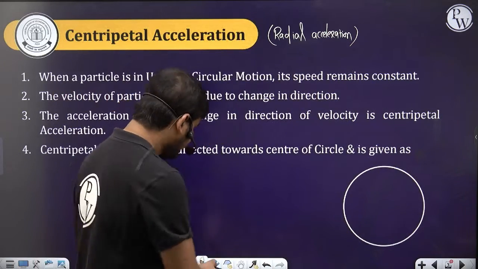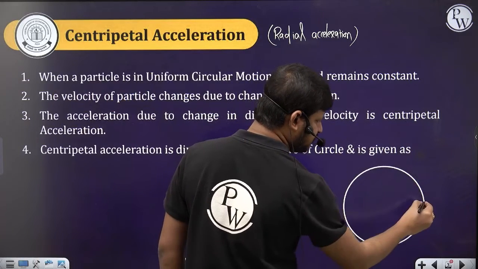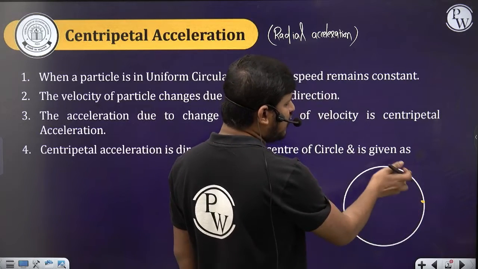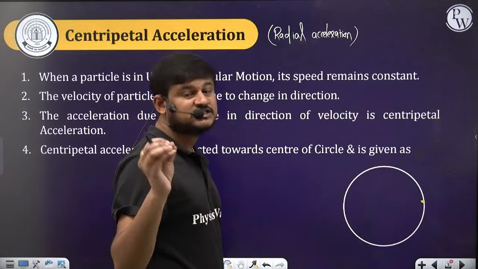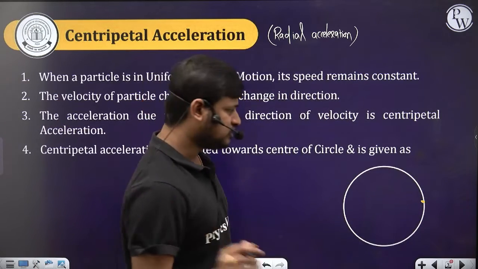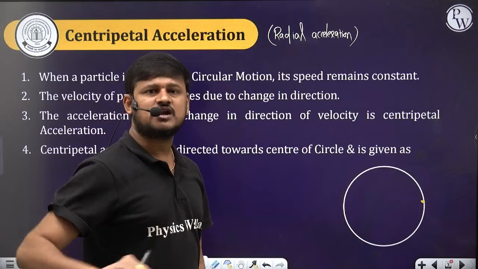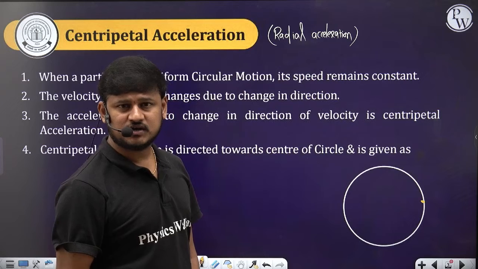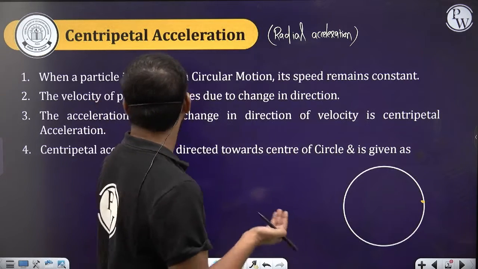See, when a body is moving in a circular motion like this, let's suppose a body has started from here. If the body's speed is constant throughout its motion, let's say speed, then what is that circular motion called? You know that from grade 9 level. Uniform circular motion, yes or no? So that's what I wrote.